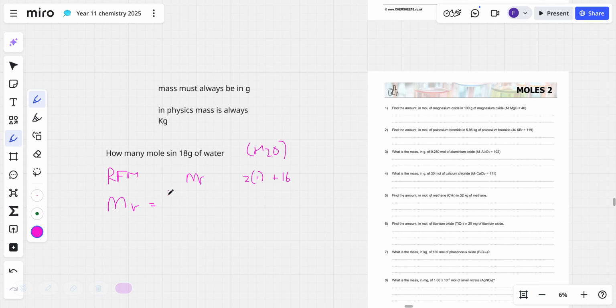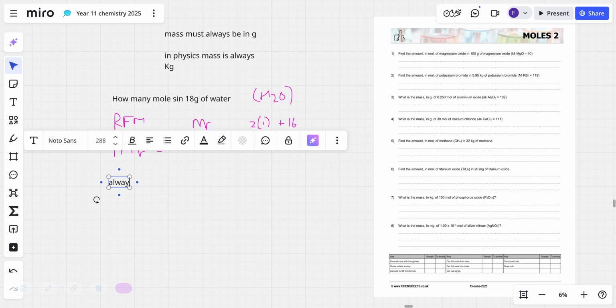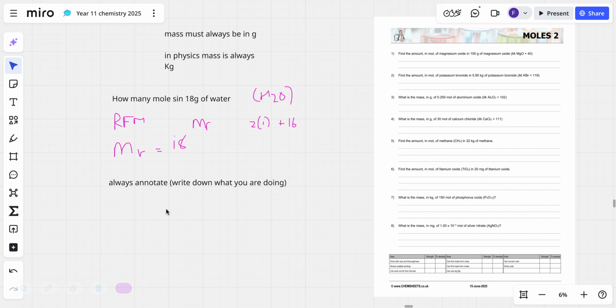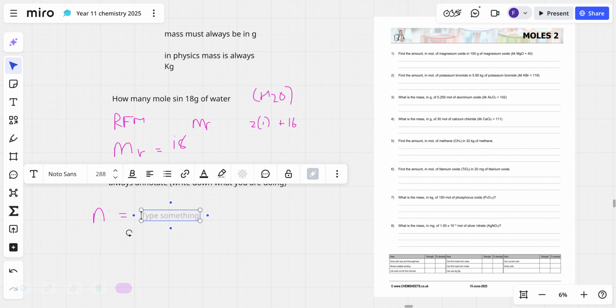Now to work out moles, and I was actually having a discussion with a year 13 student today, always annotate or write down what you are doing. Now this doesn't mean in long sentences, okay? So for me, n, the shortcut, is the number of moles.